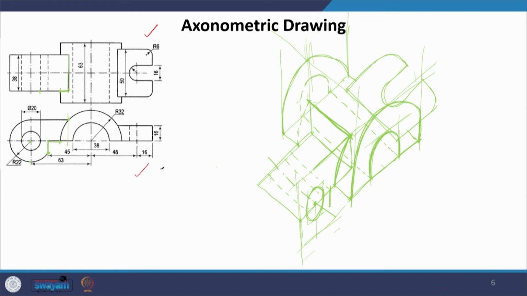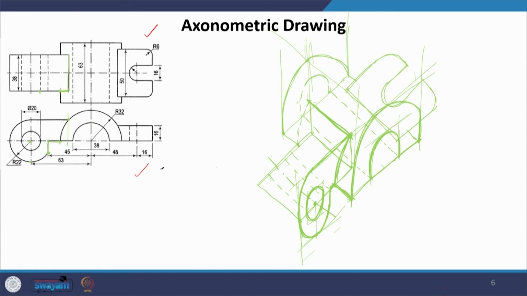We will draw the remaining part of the bigger circle. This is what we will see when we are seeing the axonometric of this drawing.